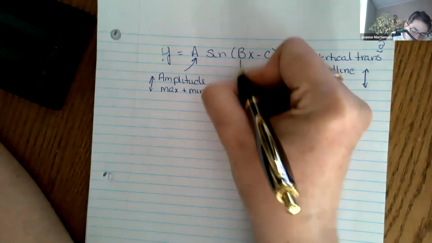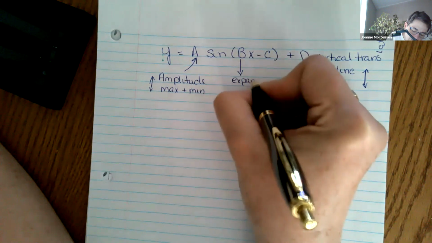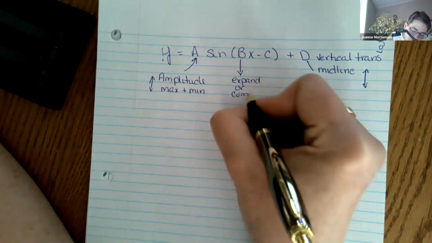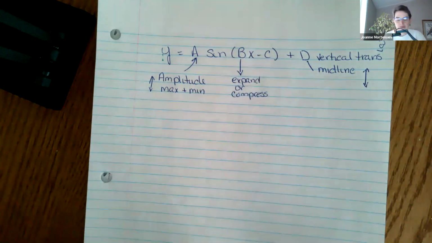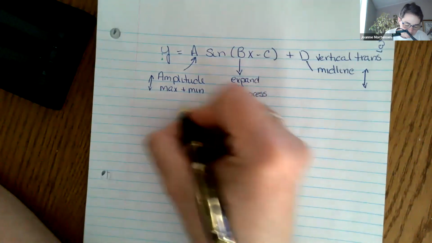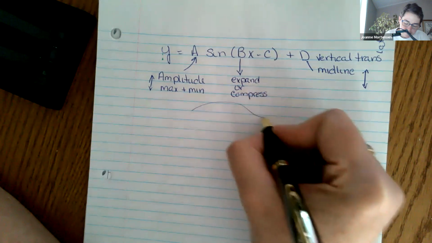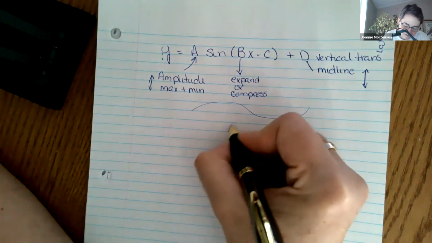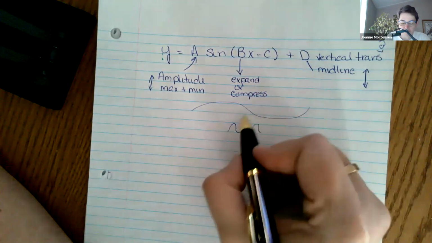B changes how long a period is. It's either going to take your graph and make it super duper long, or super, super short. So that's expanding, that's compressing.